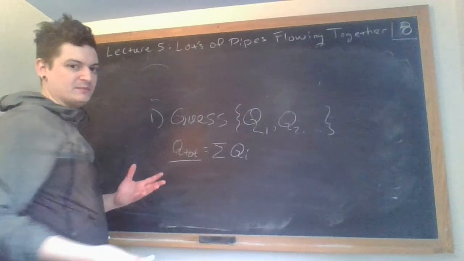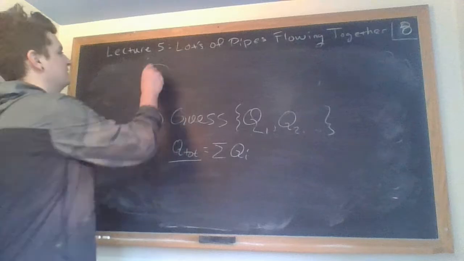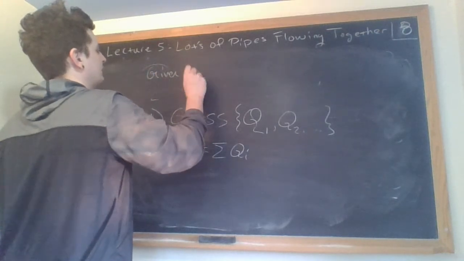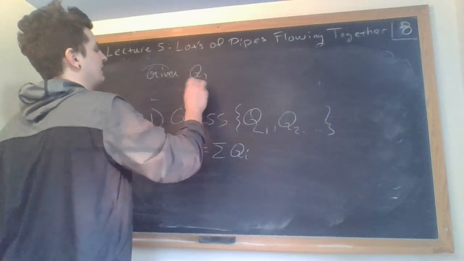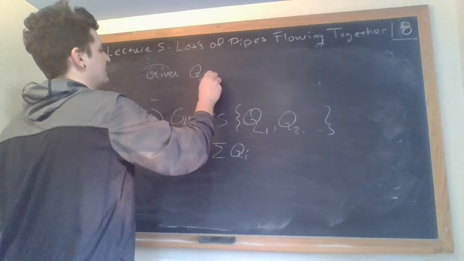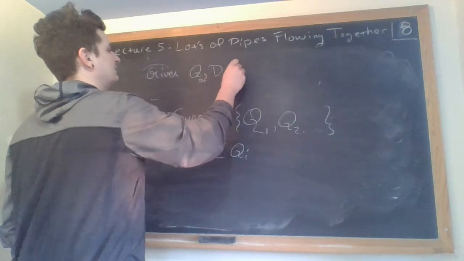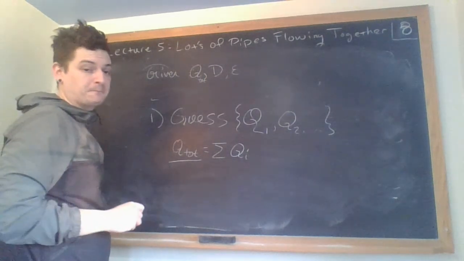given all of the pipe dimensions, flow rates, and diameters. So again, we're in the exact same situation that we're given all of the components: we know the total flow rate, we know the dimensions, we know the materials.